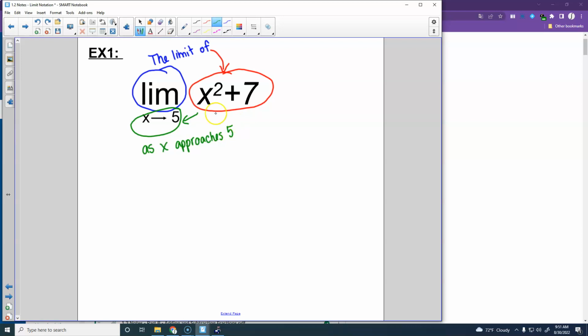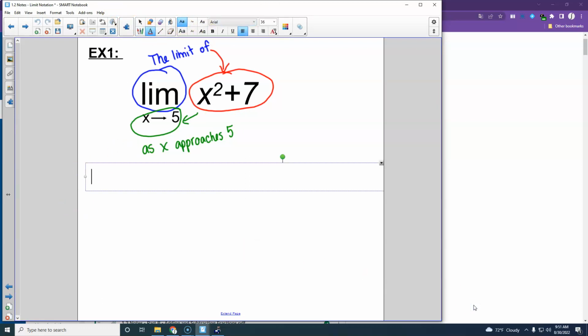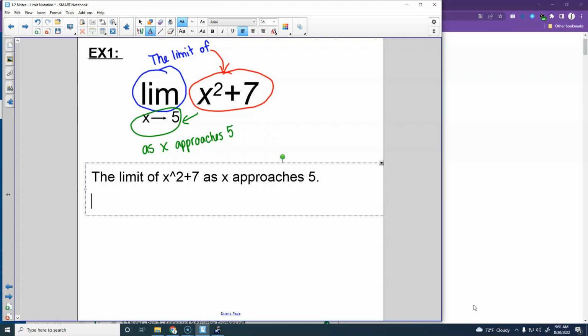So if we were to write this out, I'm going to type it so you can type it faster. We would say this notation gives us the limit of x squared plus 7 as x approaches 5. Or it's okay if you write it this way, the limit as x approaches 5 of x to the second plus 7. So if you kind of reword it, that's fine. But it's got to be as x approaches, and then it's of whatever your function is there. Okay?